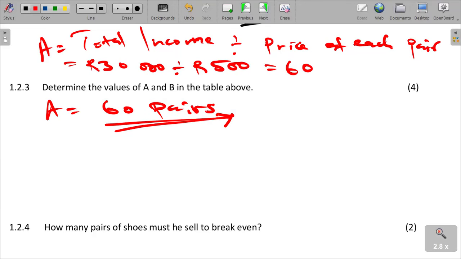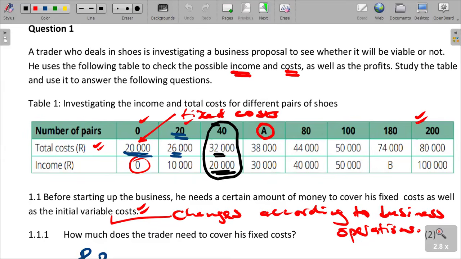And then B, in order for us to calculate B, we must find it by saying that B is the total income. Total income is the vice versa of what we just did.